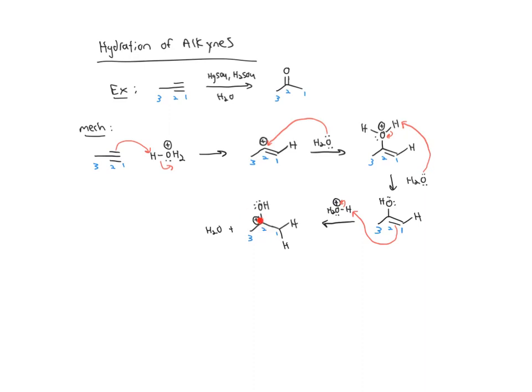So if we could bring those down, we can make a double bond at that position, and that's going to happen a lot faster than satisfying its octet by taking a different molecule that's not part of this molecule and making another bond. So whenever you can do something like this within the same molecule, it's going to happen a lot faster, and that's what's going to happen here before that water would even be able to go and attack.